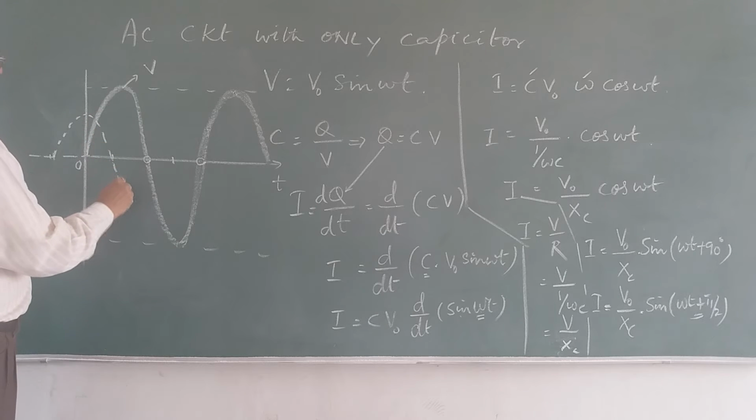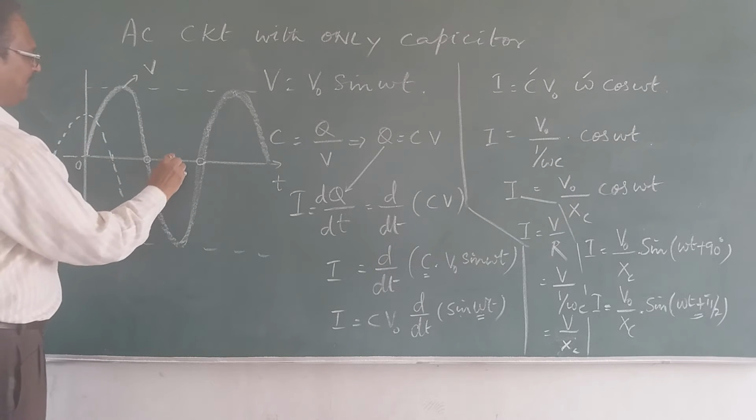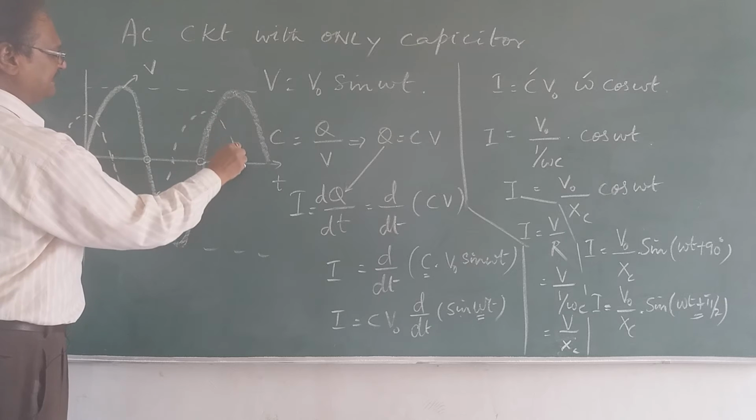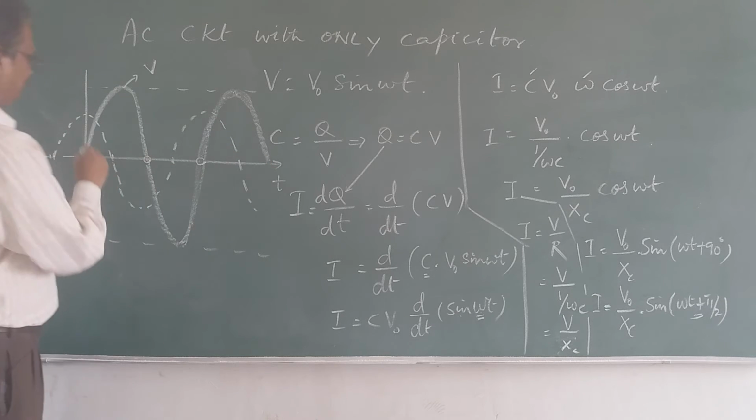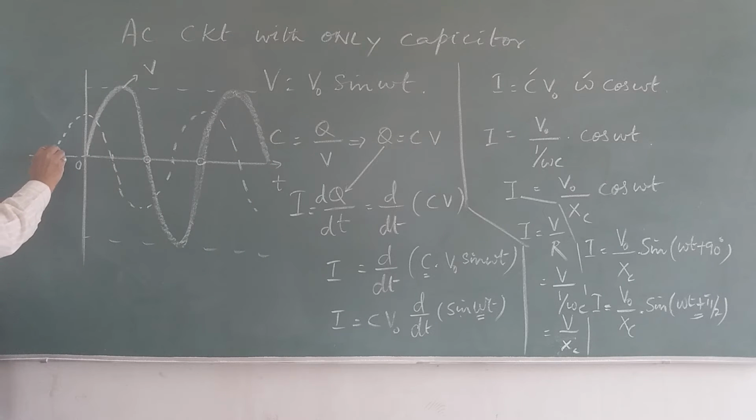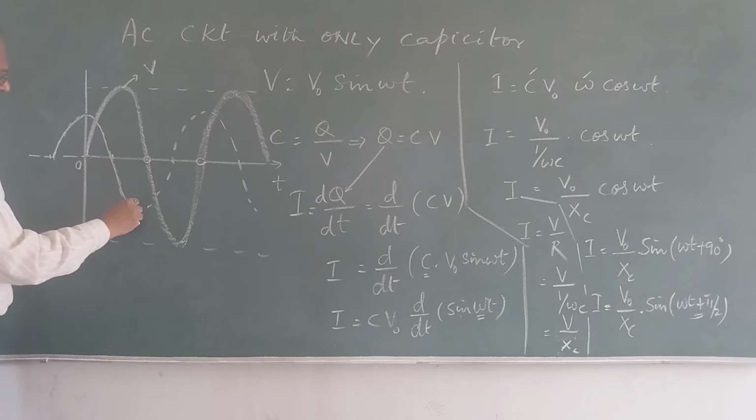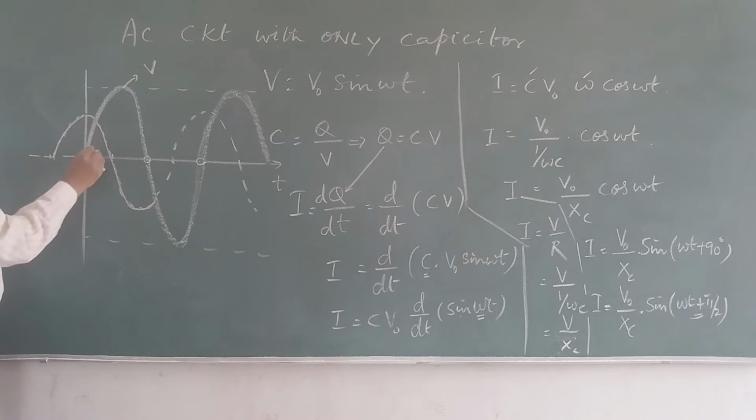Okay, you see what I am doing here. The amplitude we are making less so that you understand better. You see, again I am thickening it for you, right? And how much is it leading? See, it is going ahead. It is going from here to here. You see, this is 90 degree.